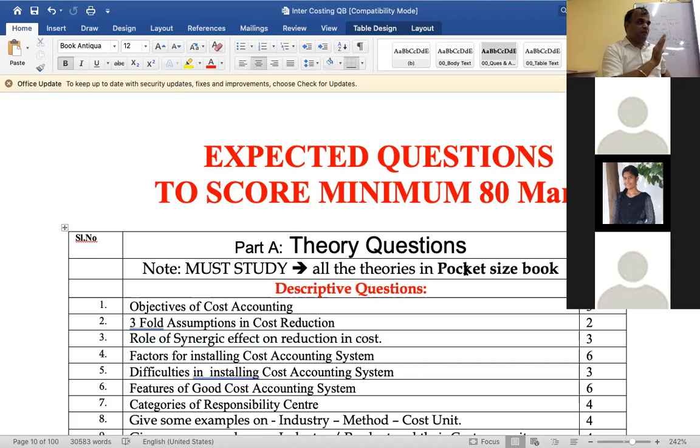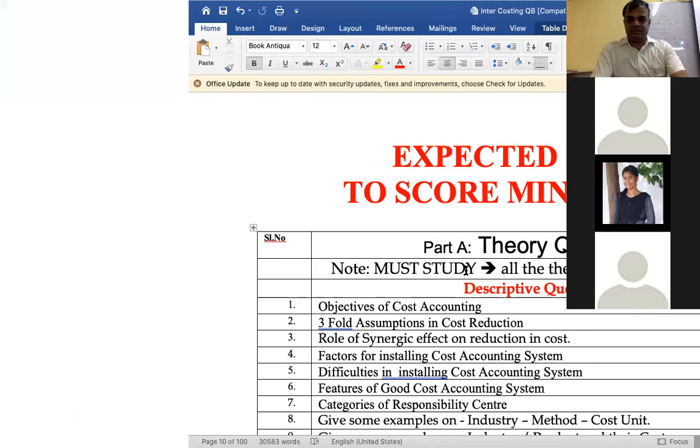Next one. Synergy effort, page number 6. Dear students, you know the importance of the theory. In intermediate, the last question, the 20-mark question, is called the direct theory question.